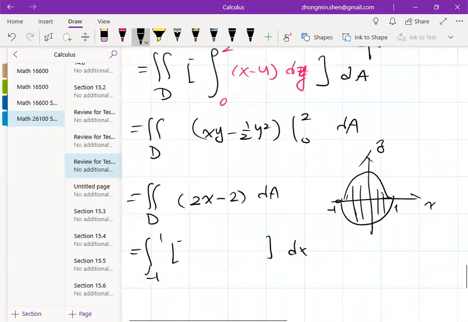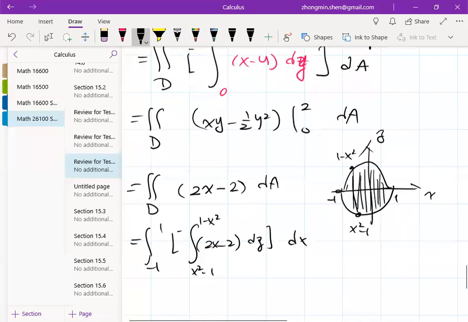Along this vertical line, z goes from the bottom part, which is x squared minus 1, to the top part, which is 1 minus x squared. It's from x squared minus 1 to 1 minus x squared.